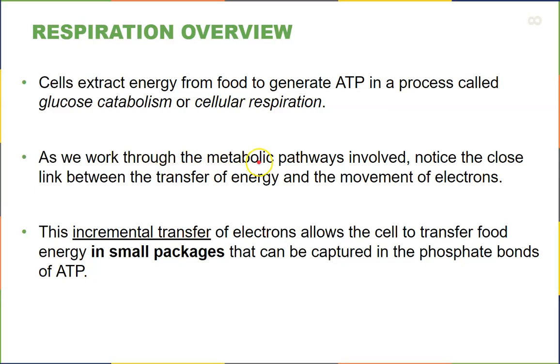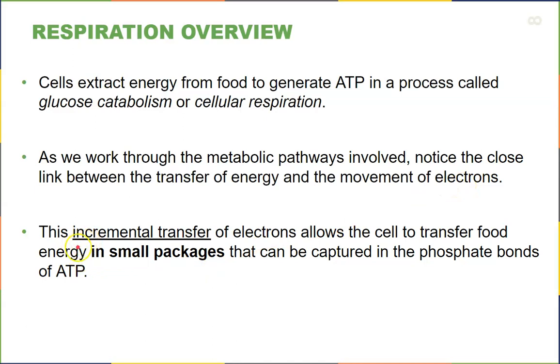As we work through the metabolic pathways involved, notice the close link between the transfer of energy and the movement of electrons. So if you know anything about chemistry, electrons provide our energy. So even electricity is from electrons, the movement of electrons, okay? So energy in a cell is also due to the movement of electrons.